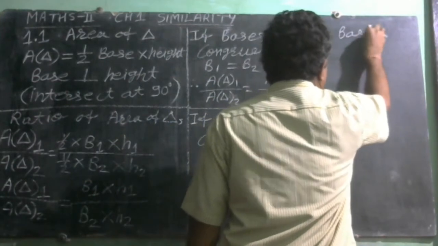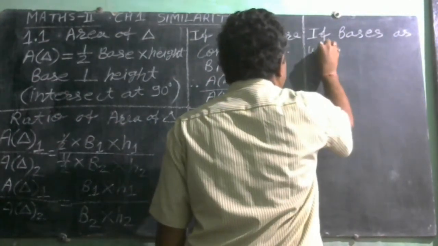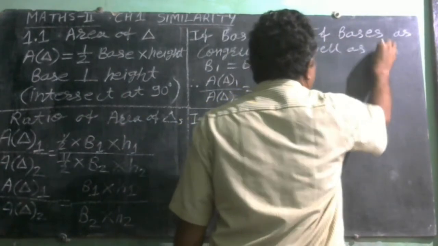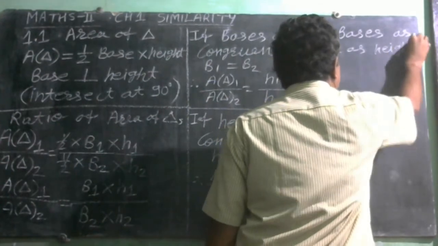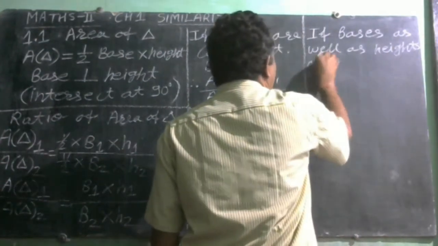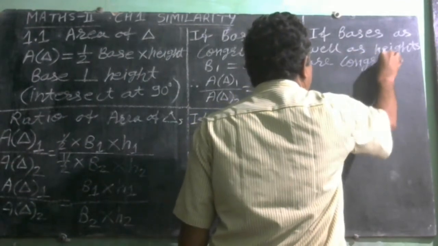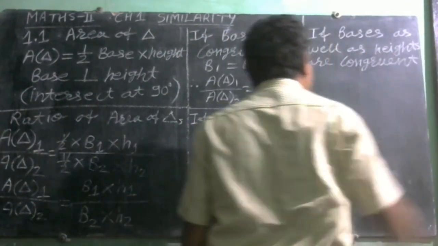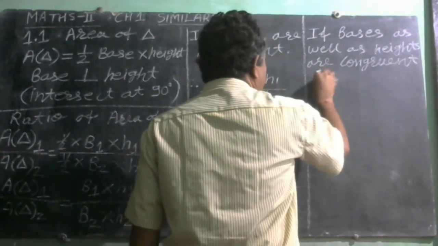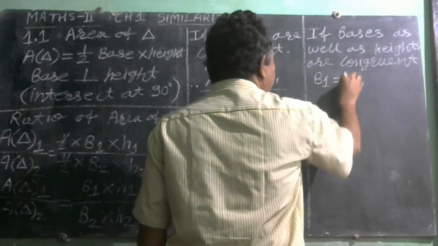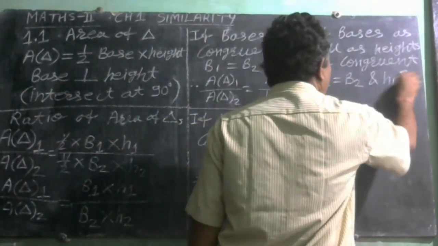What happens if bases as well as heights are congruent? That means B1 equal to B2 and H1 equal to H2.